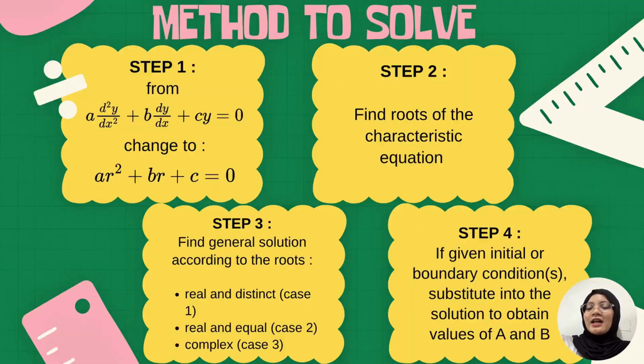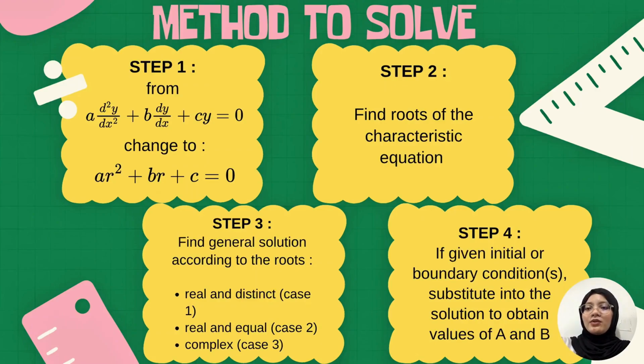Next, I will explain to you how to solve this homogeneous differential equation. We have 4 steps. First, from the equation a d squared y over dx squared plus b dy over dx plus cy equal to 0, we change it into the form of ar squared plus br plus c equal to 0.